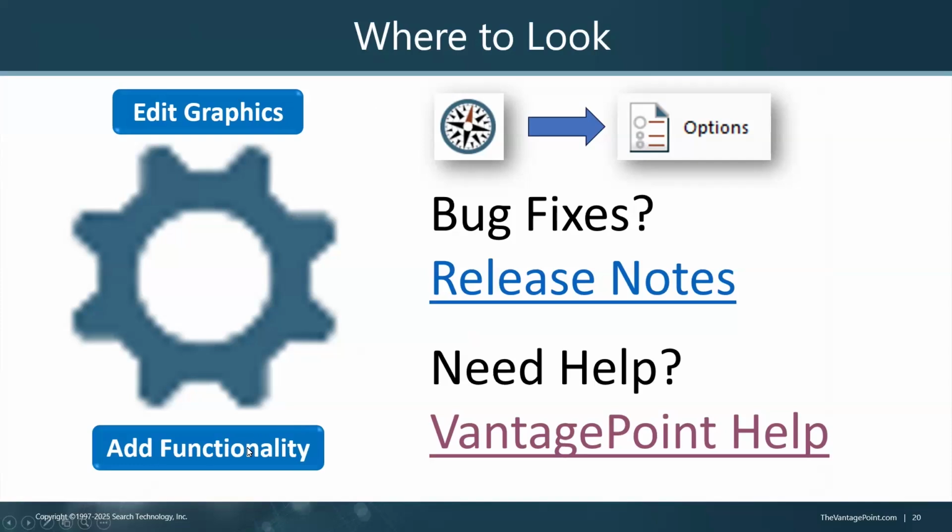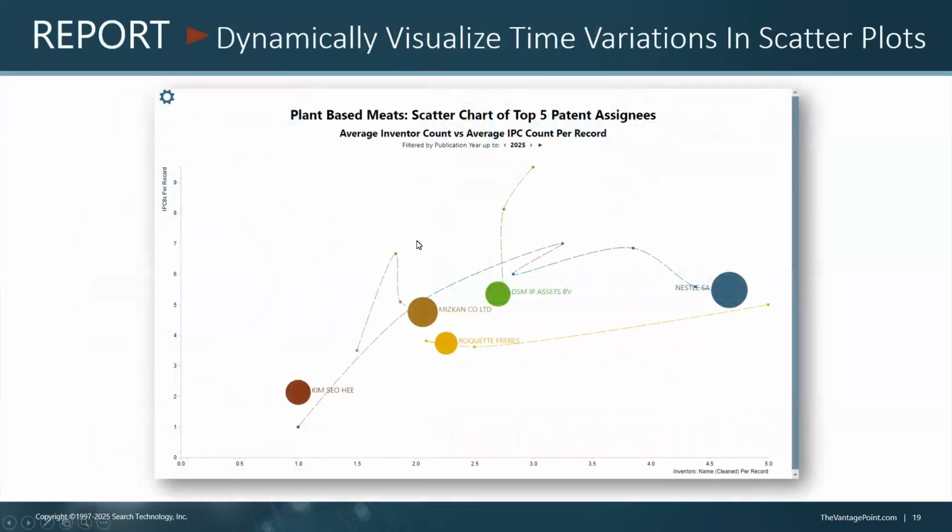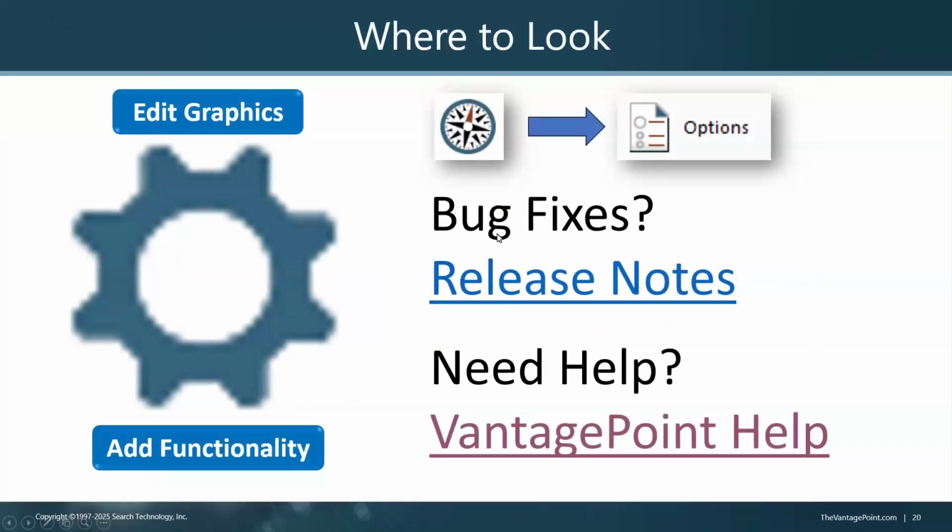For example, if I just go back, this functionality and adding these paths is something that you can turn off and on through the gear. And then there's bug fixes. Curious about all the bug fixes that we have in 16.1? It's in the release notes, and then our VantagePoint help file.